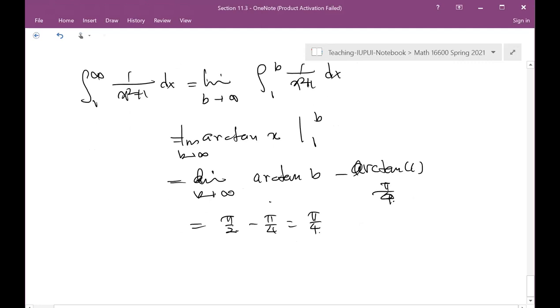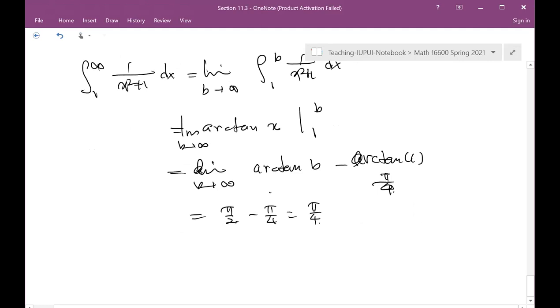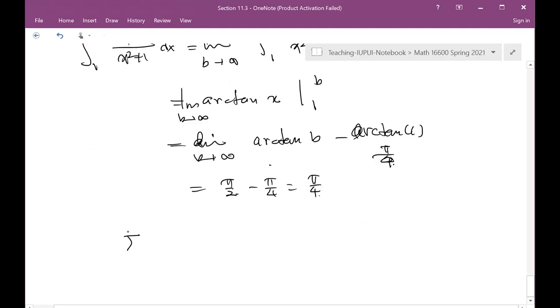So it's convergent. Now, once it's convergent, then you can say that this is going to be n squared plus 1 minus 1/2 less than pi over 4 less than this.